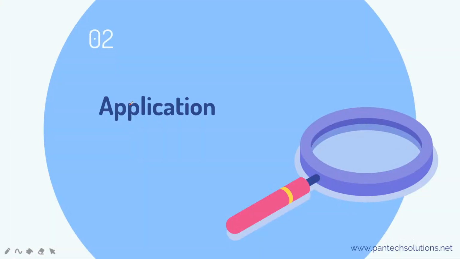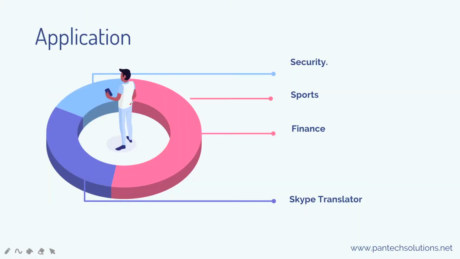So what applications are we going to see in data science? First security, then sports, then finance, and then Skype Translator. These are the major areas covered as applications of data science.